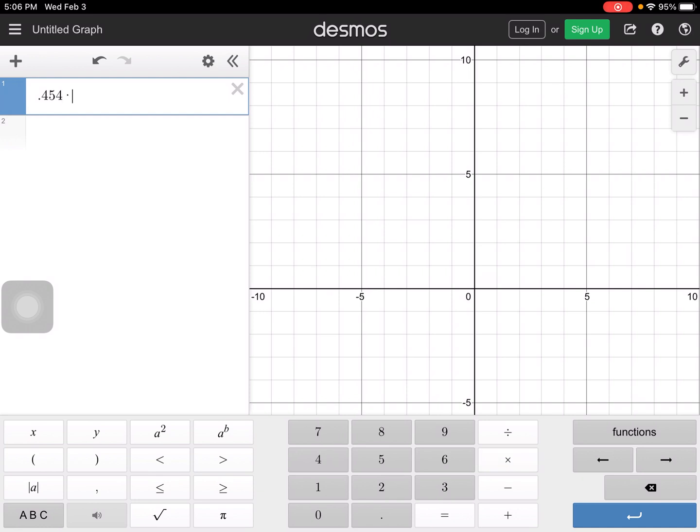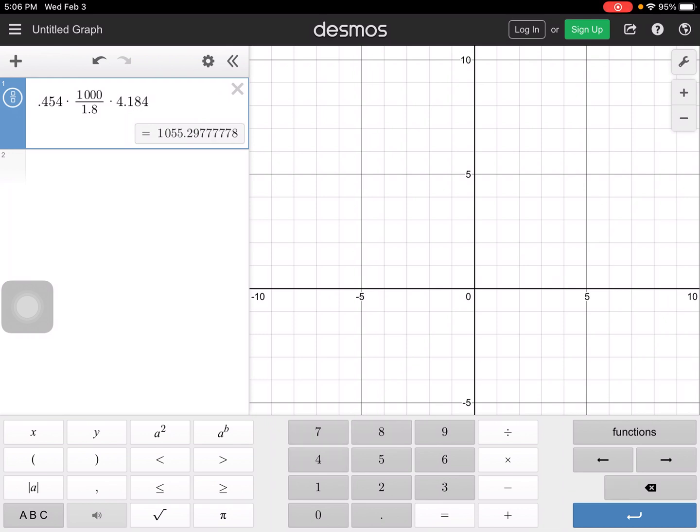0.454 times 1,000, and we are going to divide by 1.8. And then we had to multiply by 4.184.